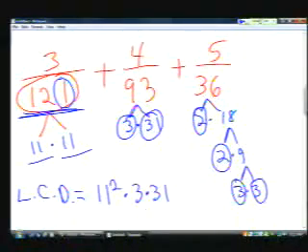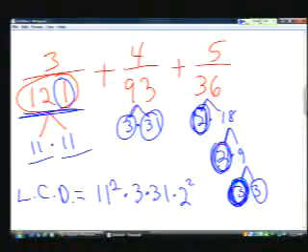Oh, we need 2 factors of 2, don't we? We already have 1 3, so I don't need to write 3 down again because we already have it right there. But I need an additional 3, so I need a 3 squared. So in this problem, it's 11 squared times 3 squared times 31 times 2 squared.